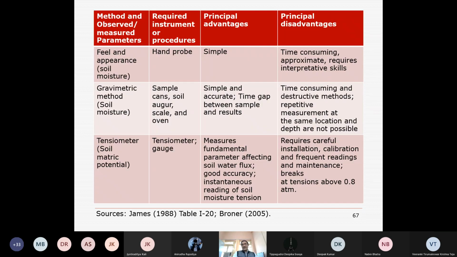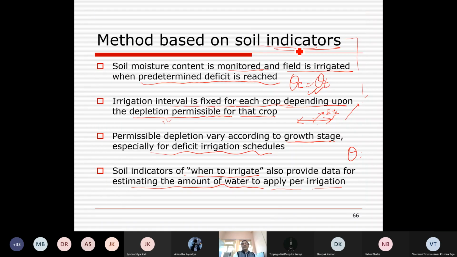And this is the simple idea, means a comparative kind of understanding if you can make, because I tried to put everything here. How to find out, here it is soil indicator, so simply it is soil moisture, and we have learned different methods of soil moisture measurement. From there we can take inference or help to find out irrigation interval, irrigation frequency, and irrigation scheduling finally.